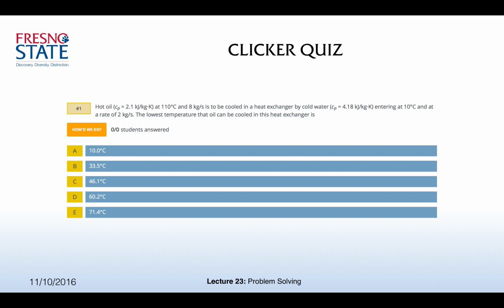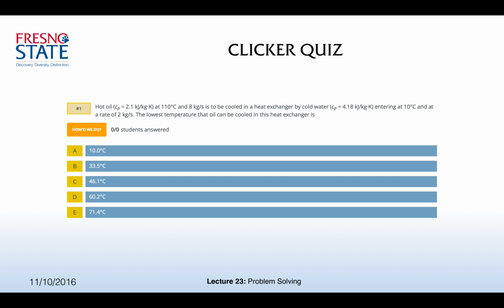The lowest temperature that oil can be cooled to in this heat exchanger is, I need T_H out, but the minimum possible T_H out. So I would imagine that it would be associated with the maximum possible heat transfer, Qmax.